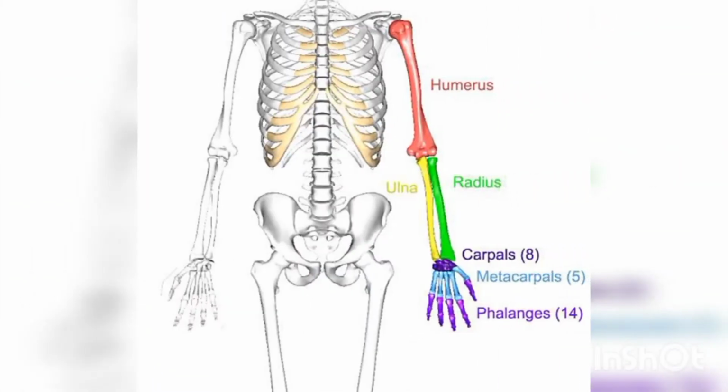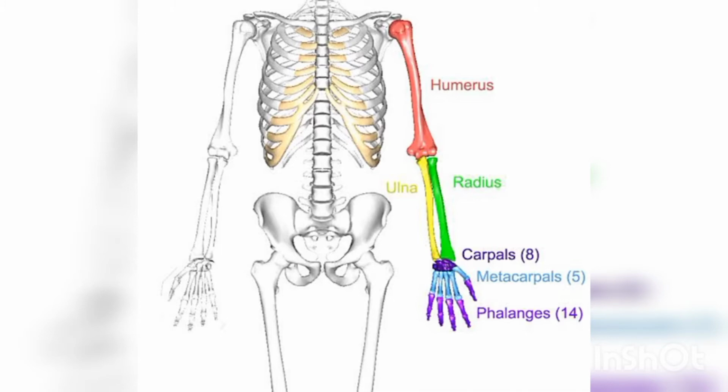The next one is the limbs. We have studied about the limbs in the last chapter. Do you remember? Yes, limbs are the legs and hands of an organism. So in the human body, we have two forelimbs, that is our arms, and two hind limbs, that is our legs.